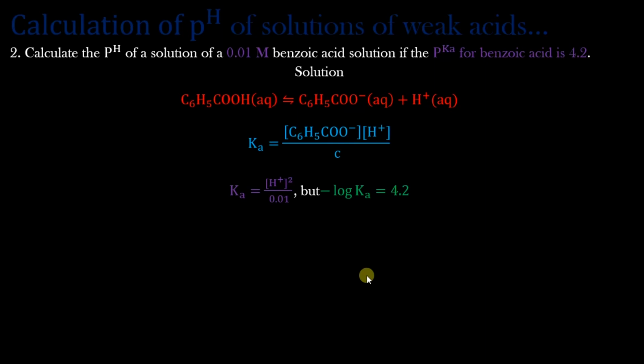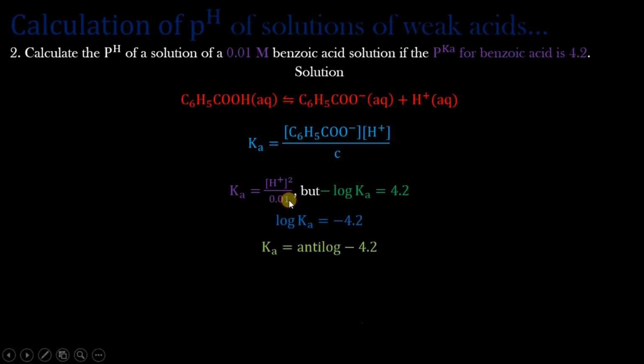When we obtain the value of Ka, we simply substitute there. From here, you have made Ka to be antilog of negative 4.2, and the molar concentration of hydrogen ions would be equal to the square root of Ka times 0.01, or the square root of antilog of negative 4.2 times 0.01.